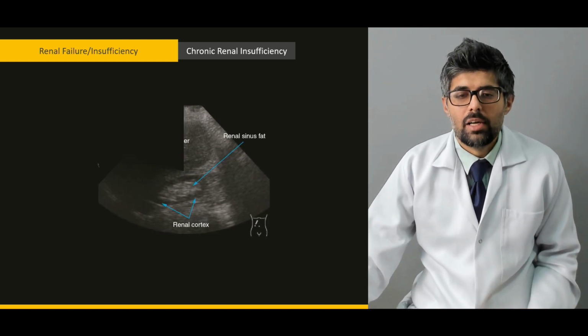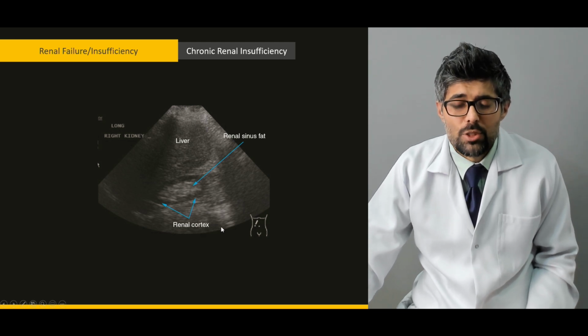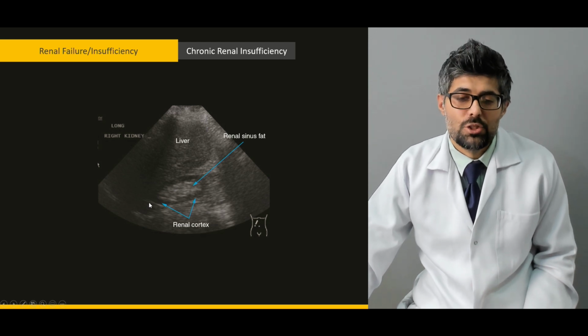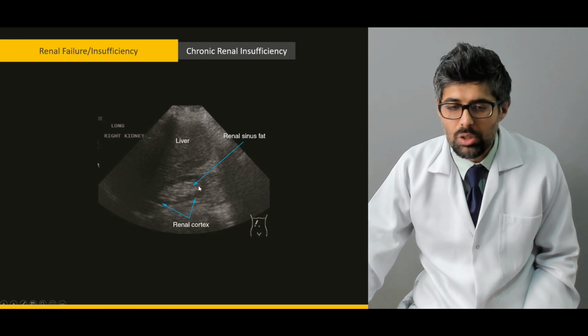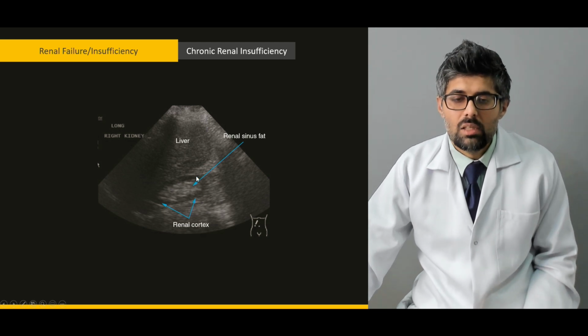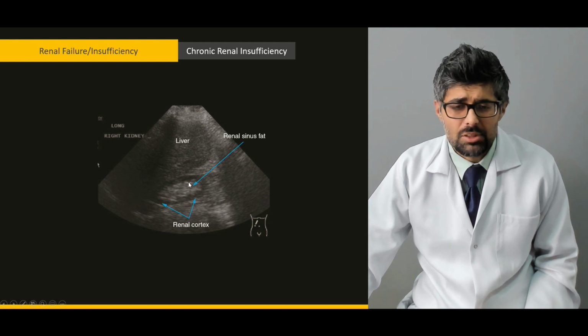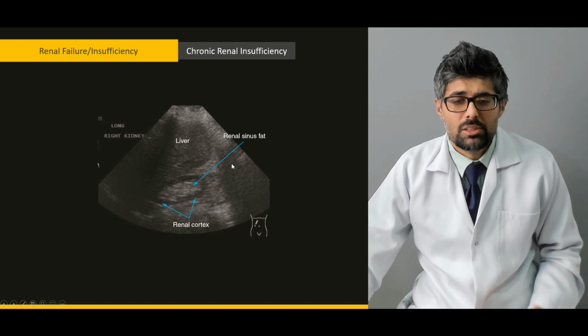Now here I have the ultrasound image of a person with a kidney in its end stage. Here you can easily see that there is no dilation of the pelvis. The cortex is minimally present. There's thinning, and the medulla or the pelvis is replaced with the sinus fat.